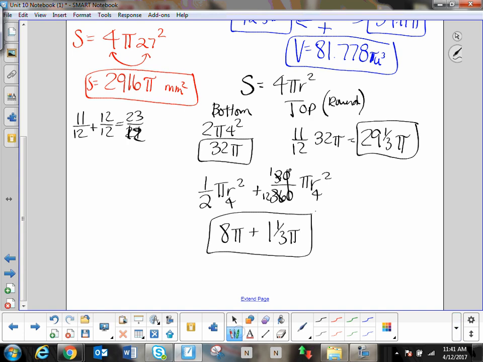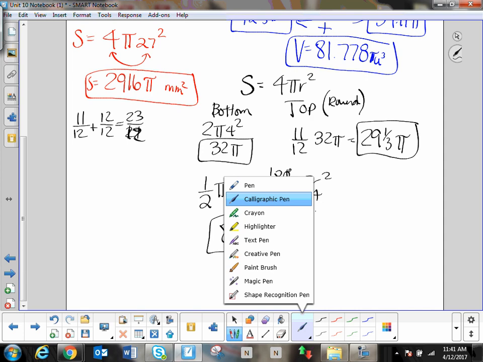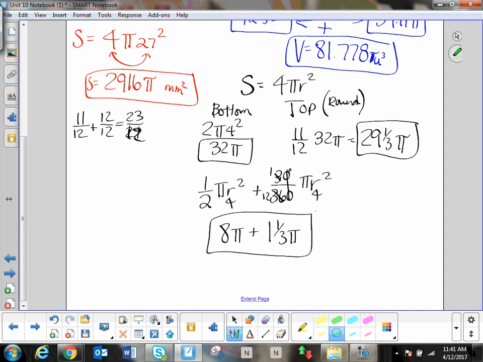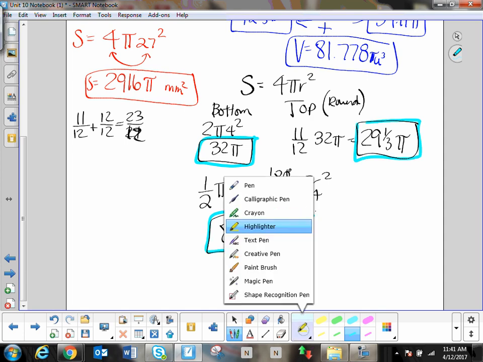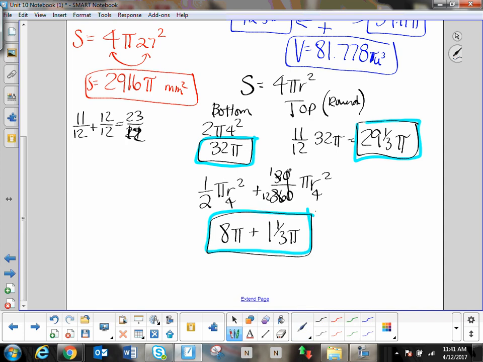Okay, so now I'm going to just highlight all of the ones that you need to add up. So this one, and this one, we're going to add them up, and then that's our answer for surface area. Okay, so 1/3 and 1/3 is 2/3, so I'm going to just add the whole numbers now.